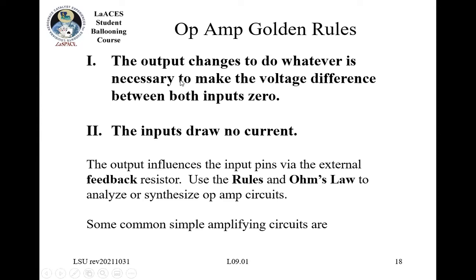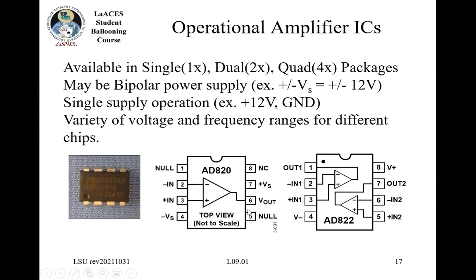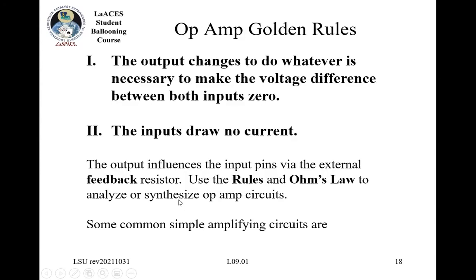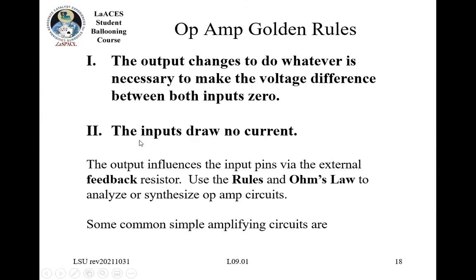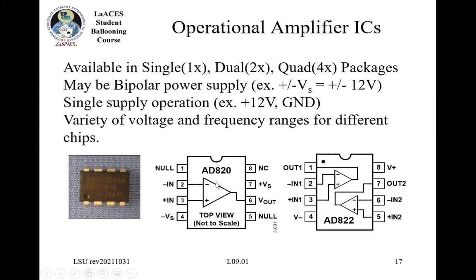But what an op amp basically does is it changes its output value to try and make the input voltages 0. So it's going to change this voltage here to match these 2 voltages. And the other thing is you do not have current flow into the input pins, i.e. there's no current flow in or out of this pin or in or out of this pin.